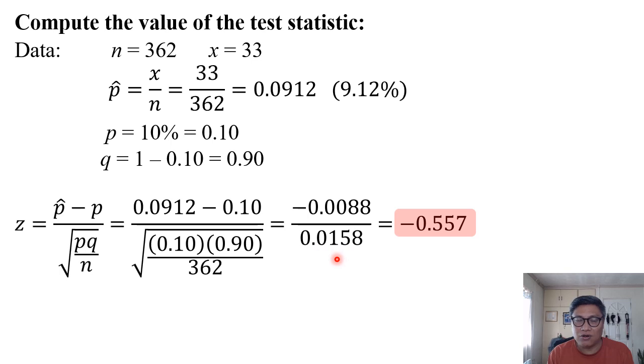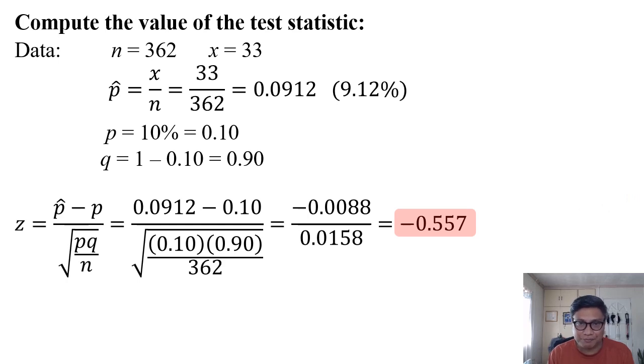So again, always use up to 4 decimal places, then your final answer, class, will be up to 3 decimal places. The computed z-value is negative 0.557.